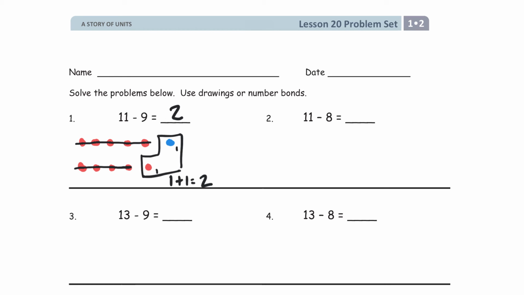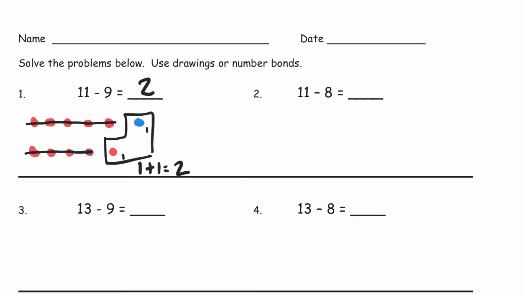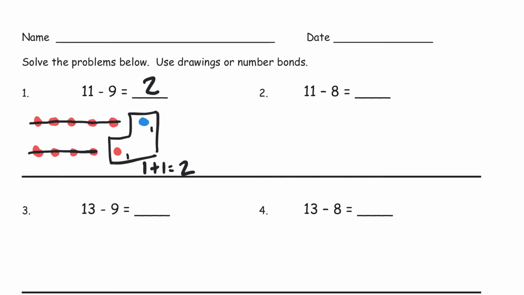Now, for my problem over here, 11 minus 8, I'm going to do the number pathway that we've been doing. So to do that, I need to know the difference from 8 to 11. So how many does it take to get from 8 to 11? So I'm going to write down 8. And then I'm going to go up to 10.